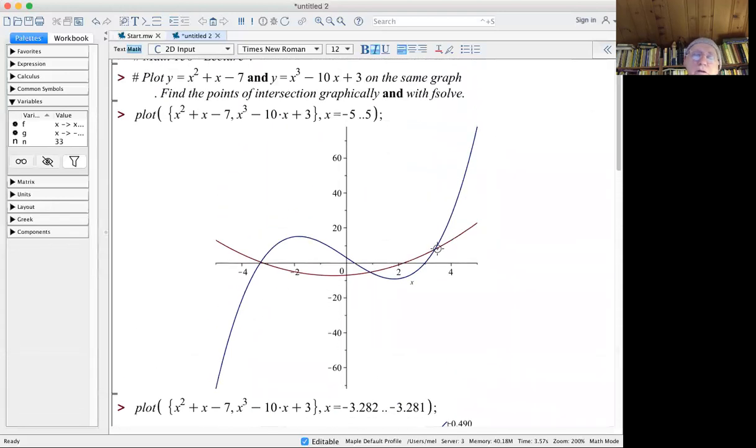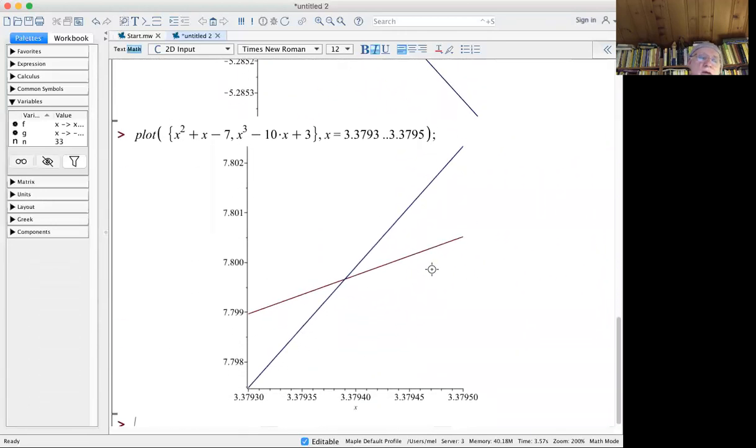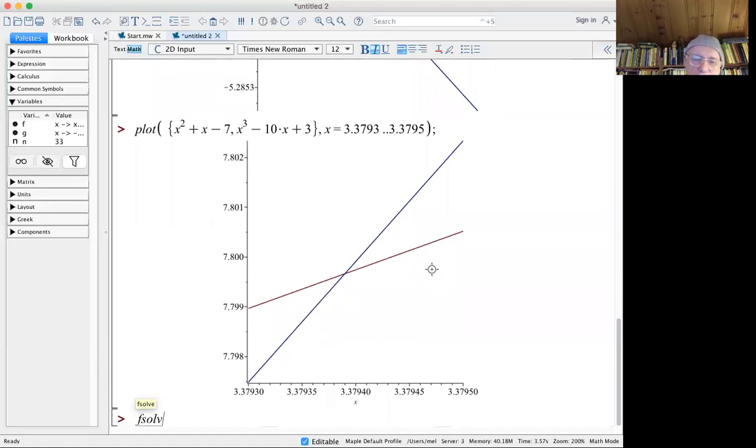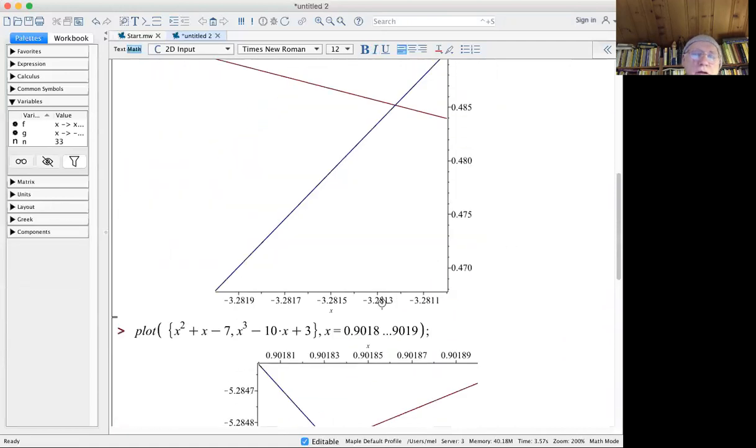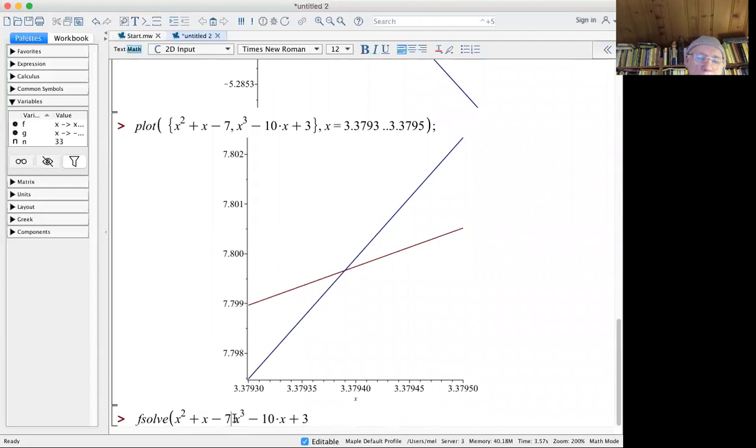So that's using the curve to solve this equation graphically. To solve it algebraically, if you like, we use the fsolve command. So one way to do this is to say, find the points x where this quadratic equals the cubic.